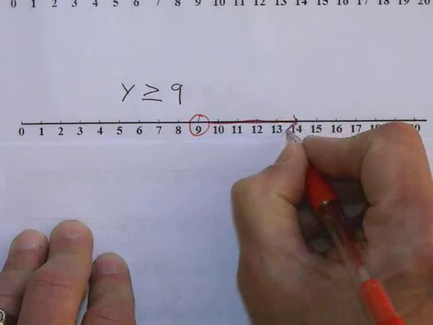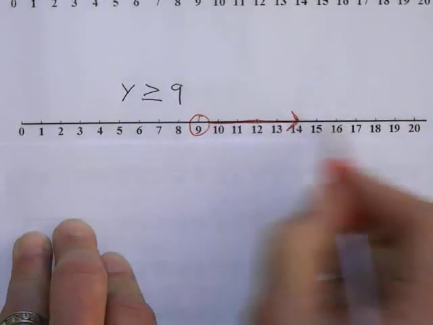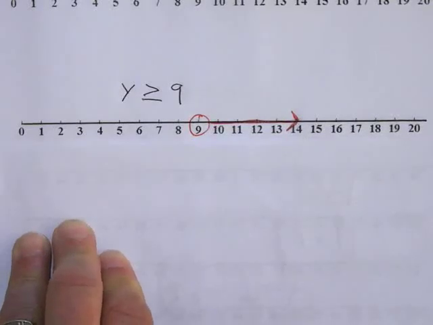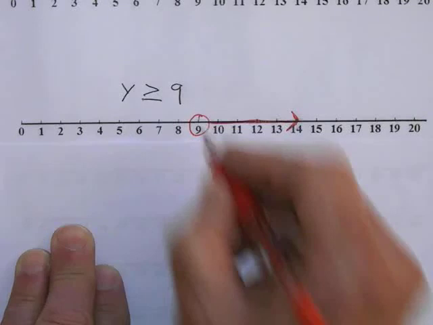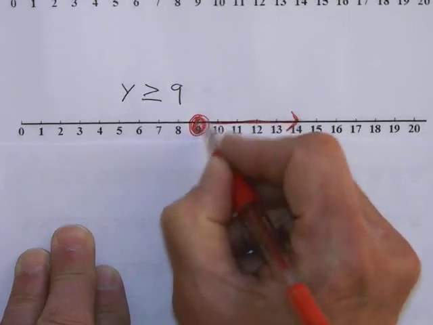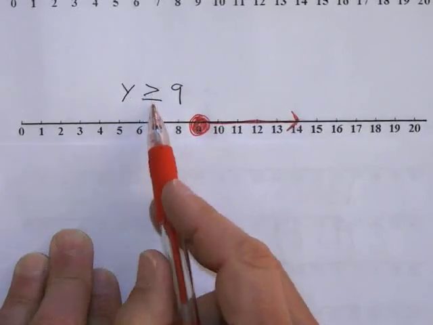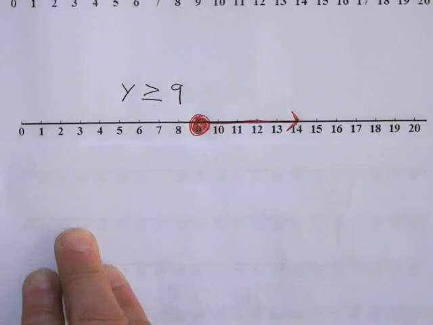And there's my arrow indicating that all of these numbers, and it's an arrow because it's an infinite number of solutions, are part of the solution set to y is greater than or equal to 9. And I'm going to fill the 9 in. And I fill the circle in whenever I'm dealing with greater than or equal to or less than or equal to. The circle remains open when we have less than or greater than.